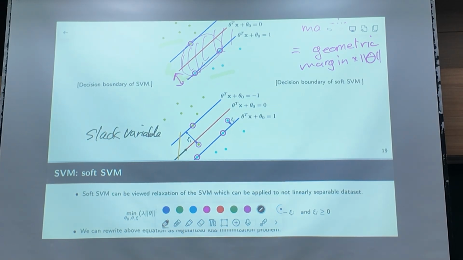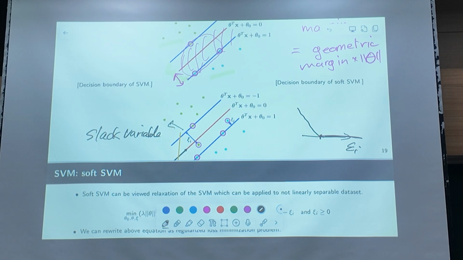And so we can see that it's sort of like a hinge loss. When psi is some positive value, and after that, then it's 0.